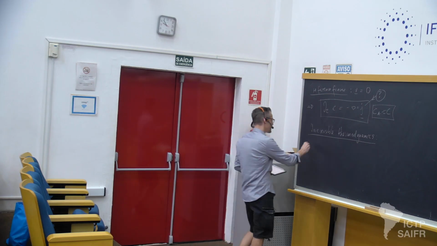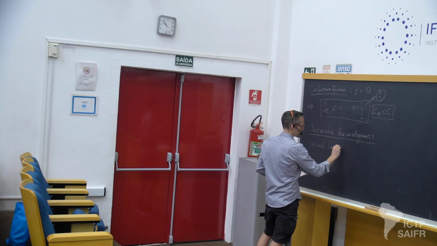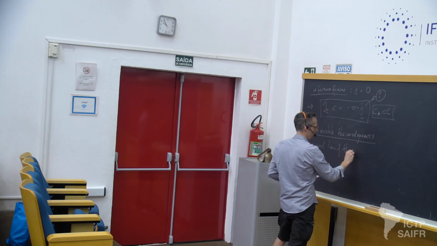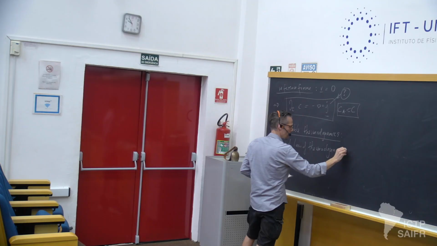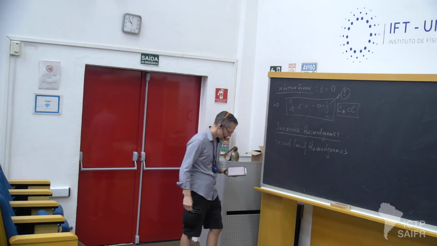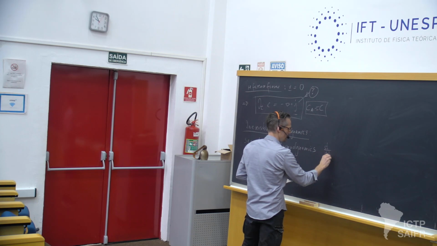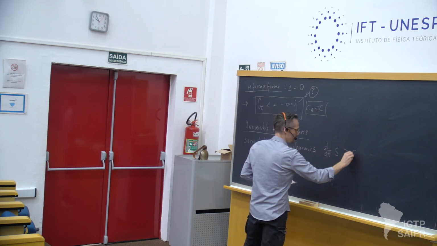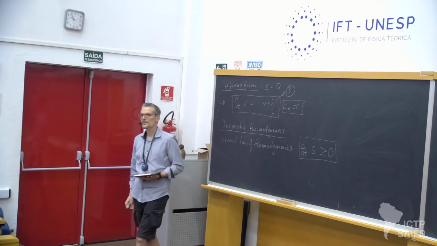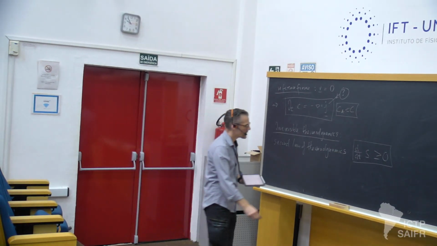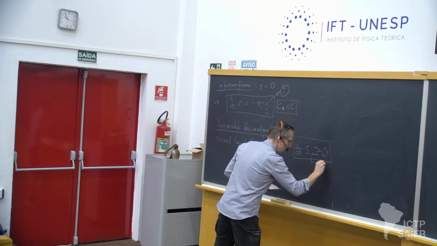But let me tell you what the basic idea is. The basic idea is grounded in the second law of thermodynamics, which just says that the entropy production, the total entropy of the system, is positive if you're not at equilibrium, and it is 0 if you're at equilibrium.